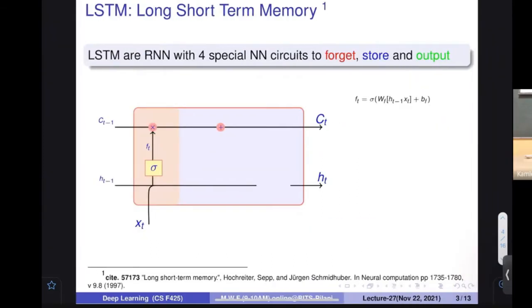All right, what I told you once again, there is a neural network circuit that has some weights and biases. Using those weights and biases, it sees what the input is that is being provided to it. It applies a sigmoid and tells me how much I have to forget. So this is a neural network circuit.